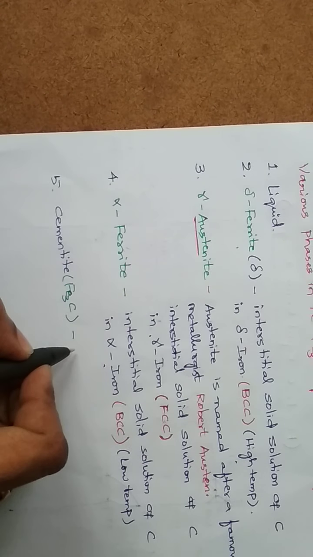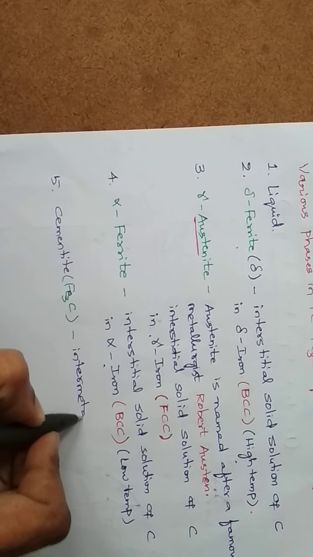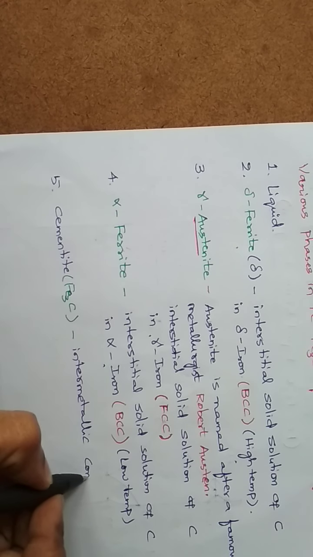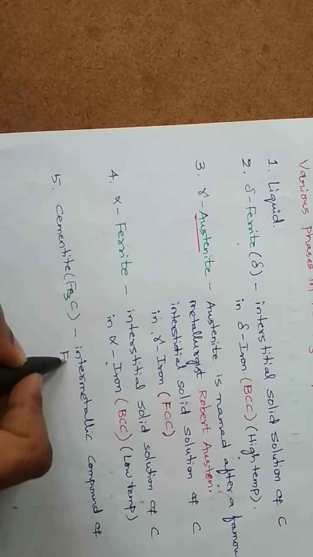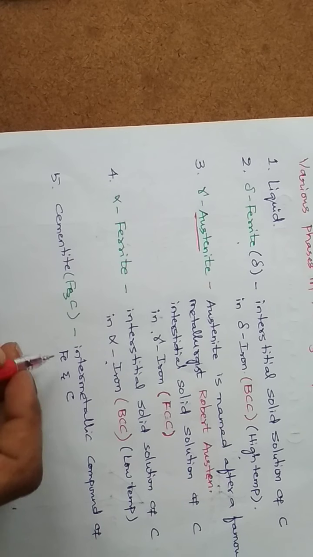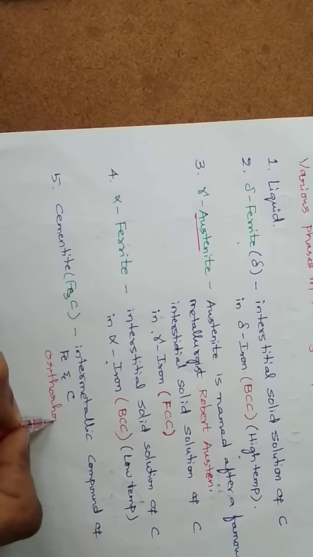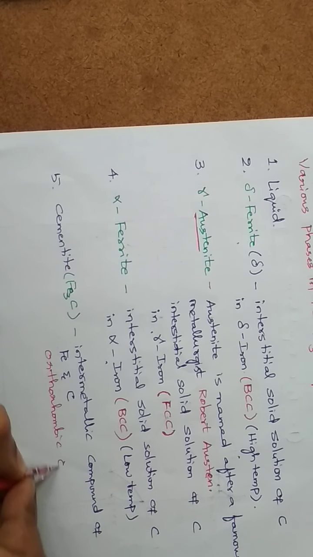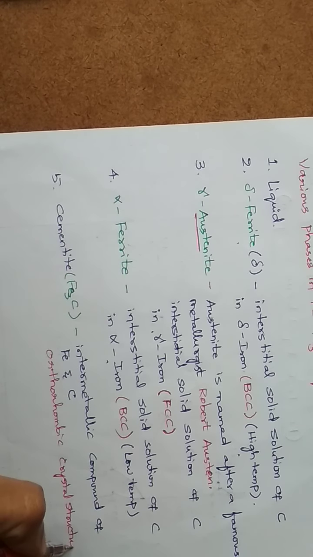So Fe3C is an intermetallic compound of iron and carbon. And the crystal structure of Fe3C is orthorhombic. Okay.